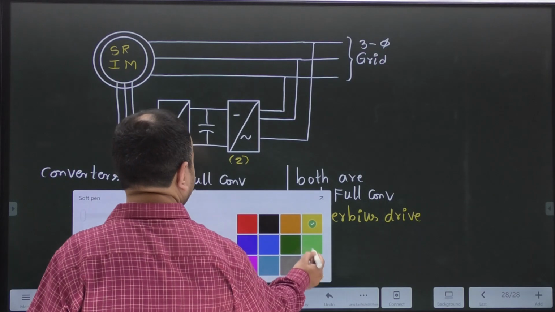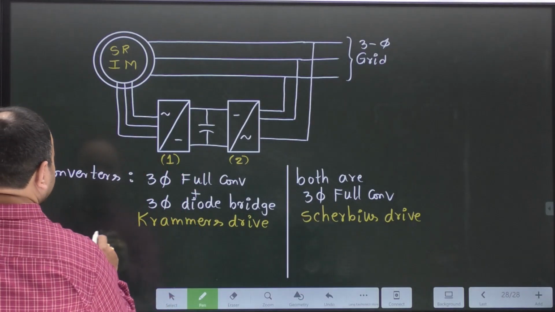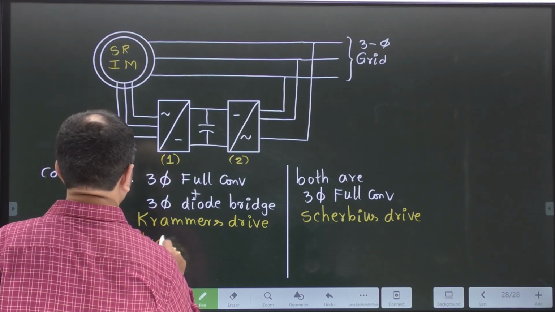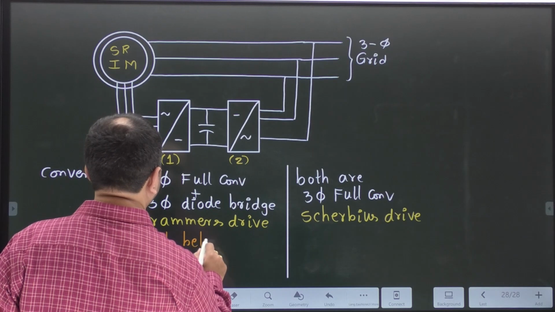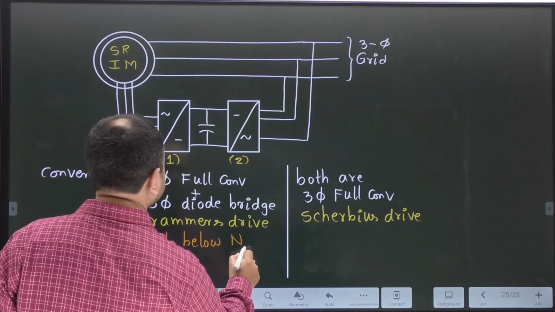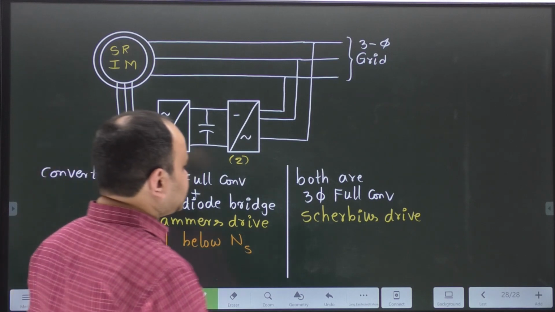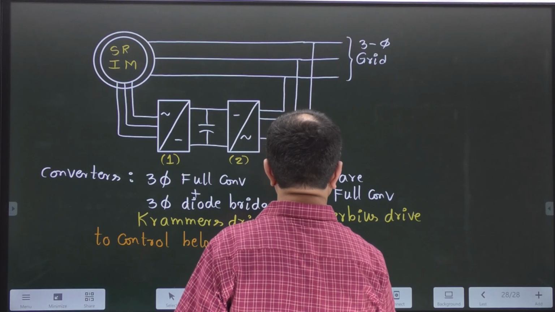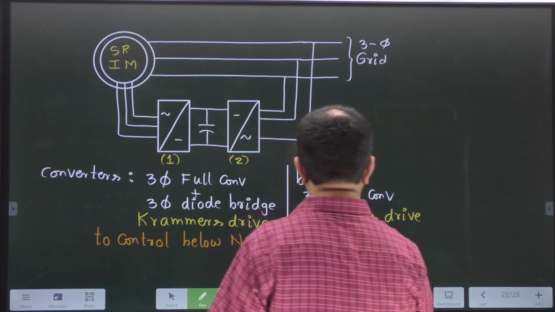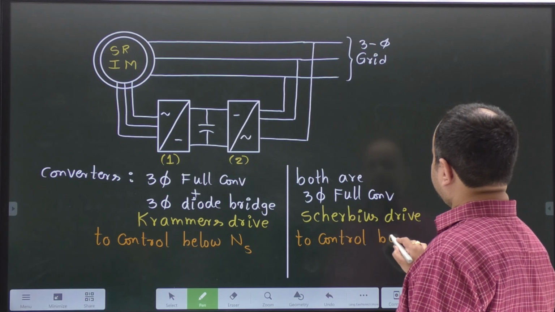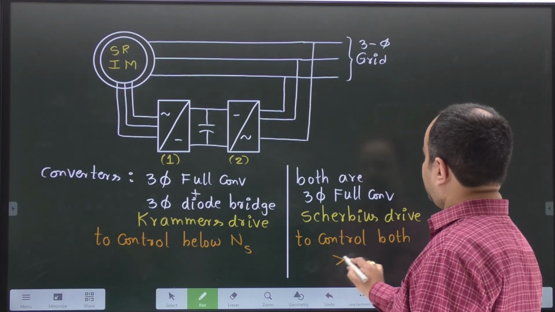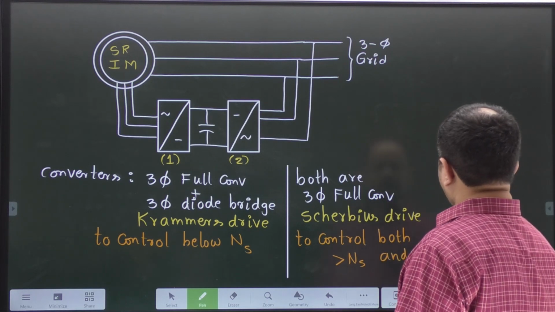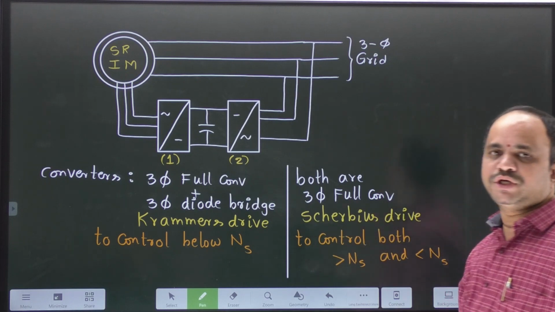Cramer's drive is preferable to control the motor below synchronous speed, whereas the Scherbius drive is used to control both above synchronous speed and below synchronous speed.